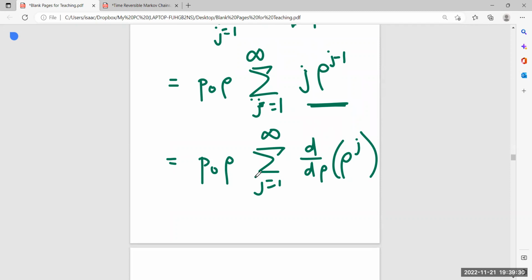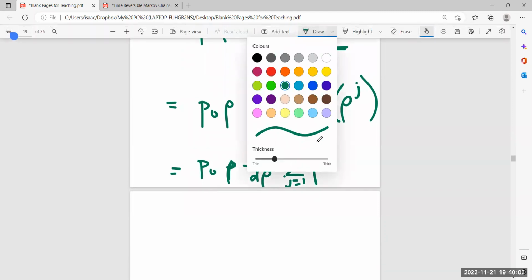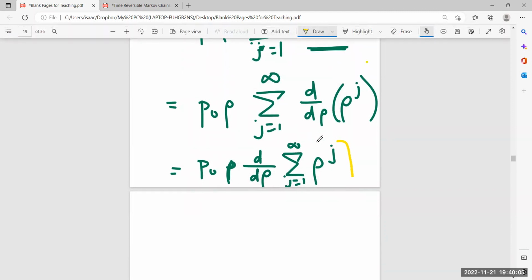And I could switch the differentiation and the summation sign. So I'm going to do that now. So this is P0 times rho times d by d rho of the sum of rho to the j, j equal to 1 to infinity, right?